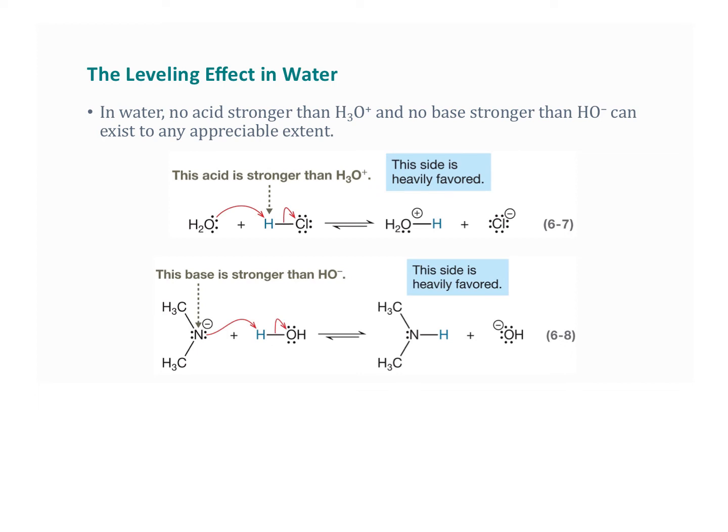So the important lesson to take away from these examples is that if we want to carry out a reaction involving either HCl or (CH3)2N minus as a reactant, then water is a poor choice of solvent because each of these species is going to be consumed in an undesired proton transfer with water, right? We don't want these things to happen. And so we would say that with respect to the leveling effect, water is an unsuitable solvent for either HCl or (CH3)2N minus, right?